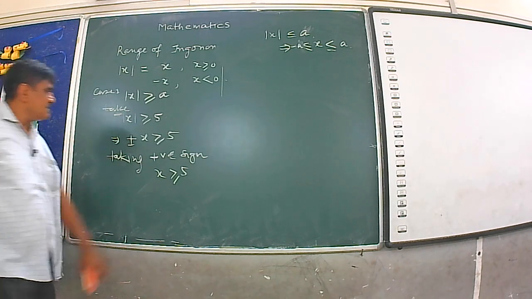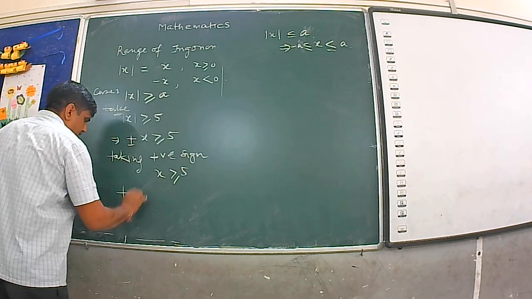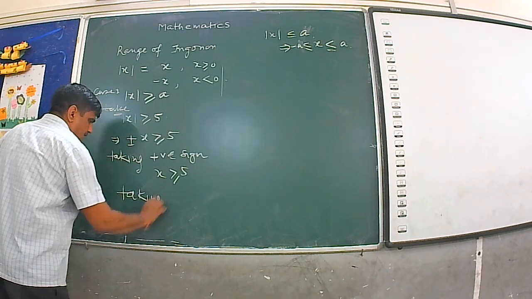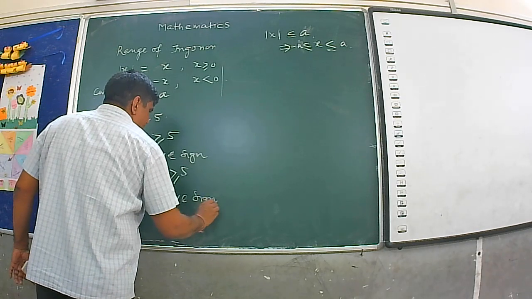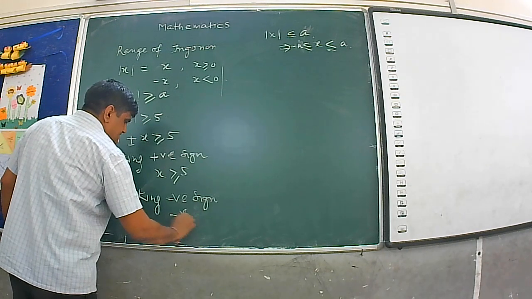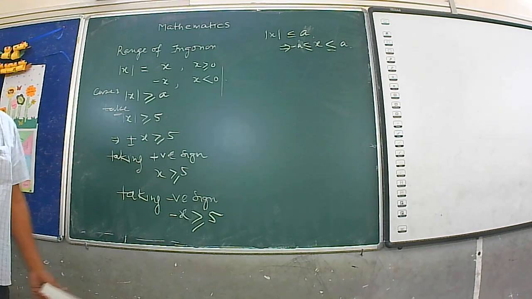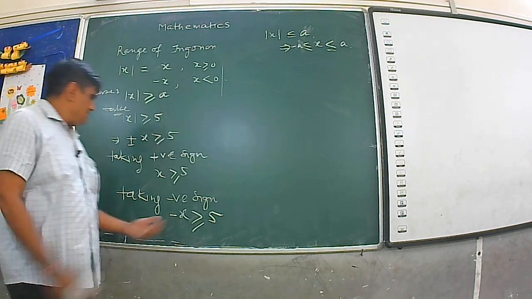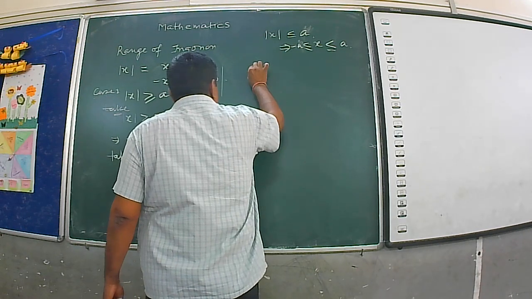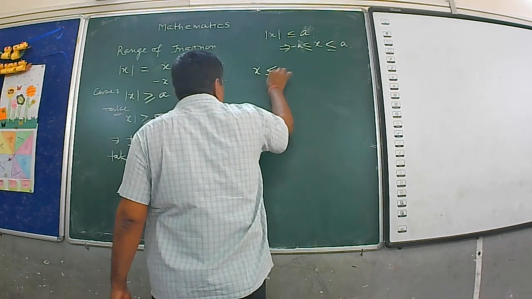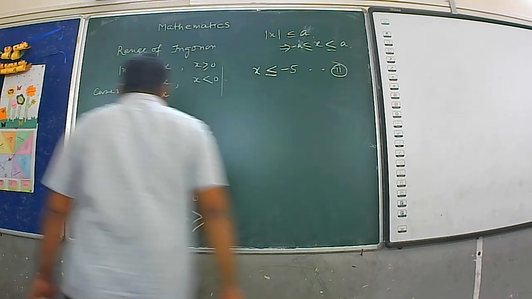In the second case, taking the negative sign, minus x is greater than or equal to 5. Now multiplying by a minus sign, x is less than or equal to minus 5. This is equation number 2.